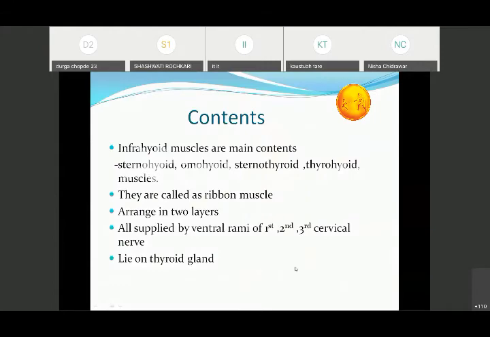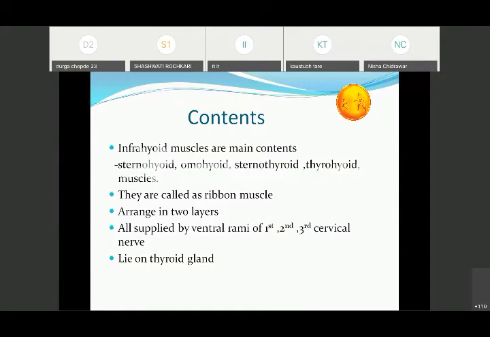The main contents of this triangle are the infrahyoid muscles. As the name suggests, infrahyoid means below the hyoid, inferior to the hyoid. These are the group of muscles: sternohyoid, omohyoid, sternothyroid, and thyrohyoid.